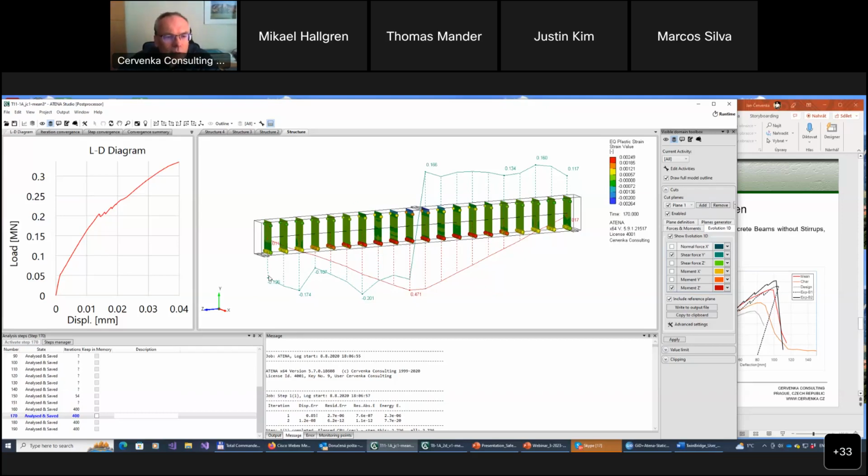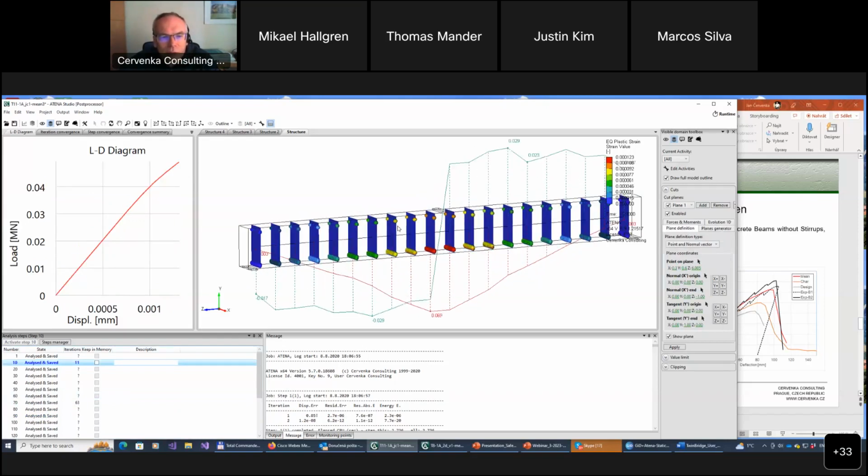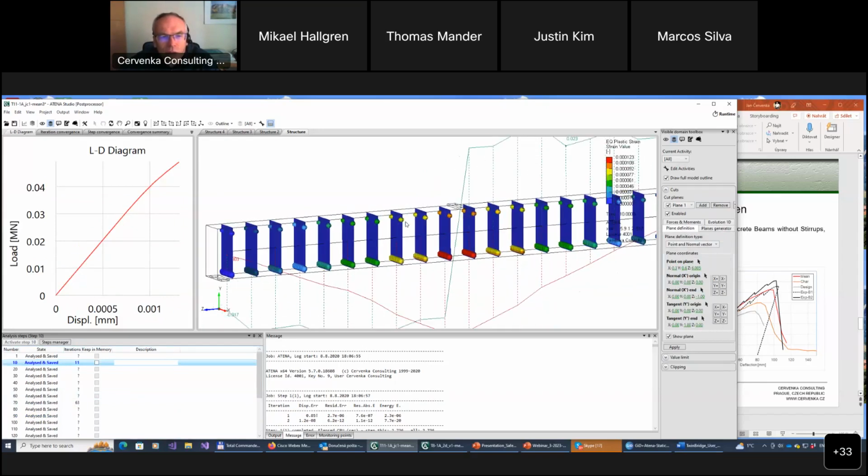However, the shear forces are not so accurate. You might see some jumps, especially if there is some cracking. Typically what you can see, if I go to these parts where we have more or less elastic solution, they are much better. But if I am in the post-peak, where we have a lot of cracking, the results may not be so accurate. And this also gives maybe an answer to the previous question.